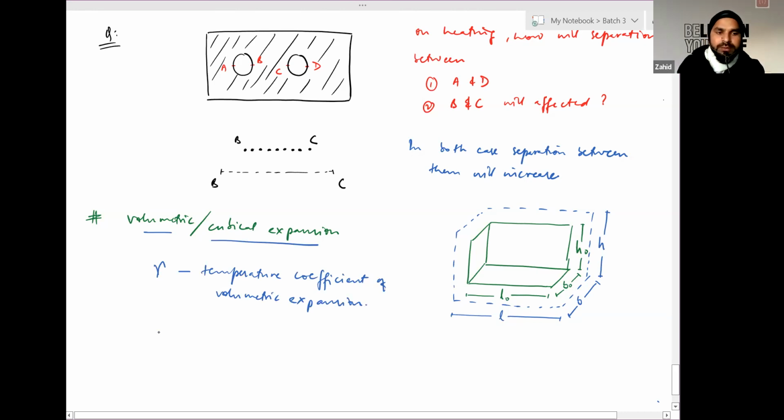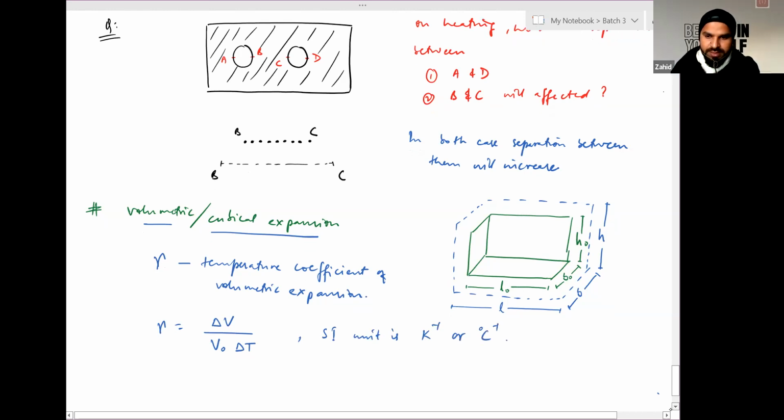This gamma is the change in volume divided by initial volume times change in temperature. The SI unit is Kelvin inverse or degree Celsius inverse.